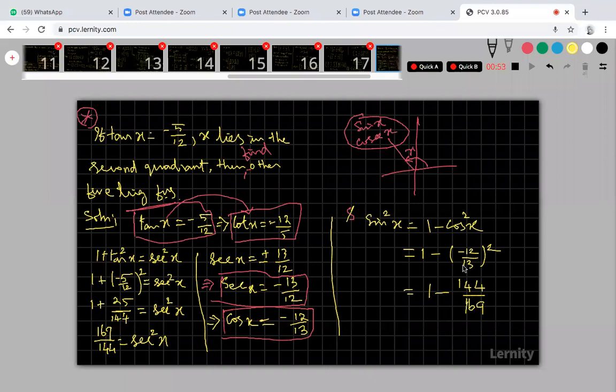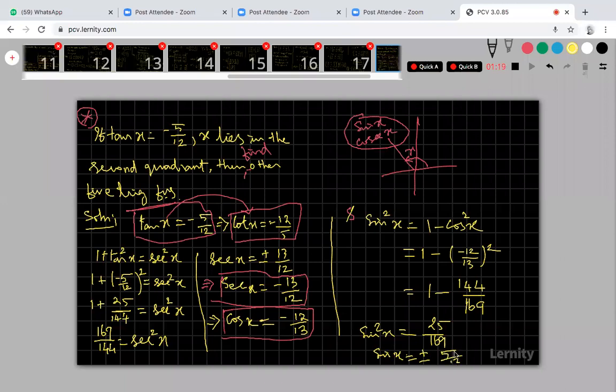So now take a cross multiplication. This is 169 minus 144, that is 25 by 169. So this is your sin square x. But I want only sin x. What is your sin x? Your sin x is equal to plus or minus 5 divided by 13.